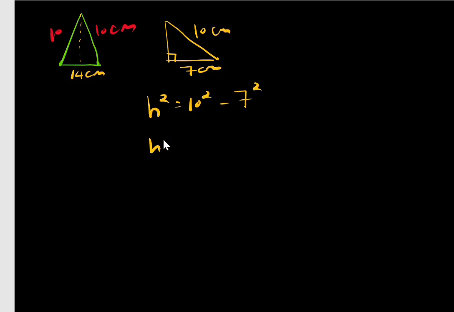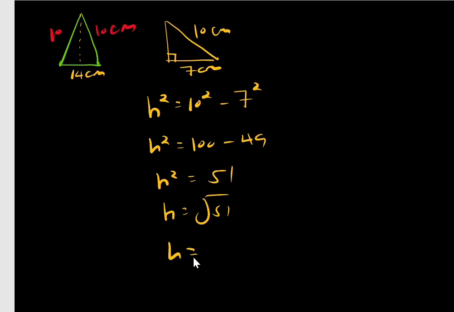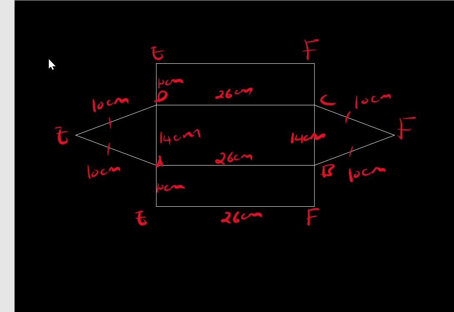So the height squared is equal to 51, and the height is the square root of 51, which is 7.14 centimeters. So this is the height of this triangle.